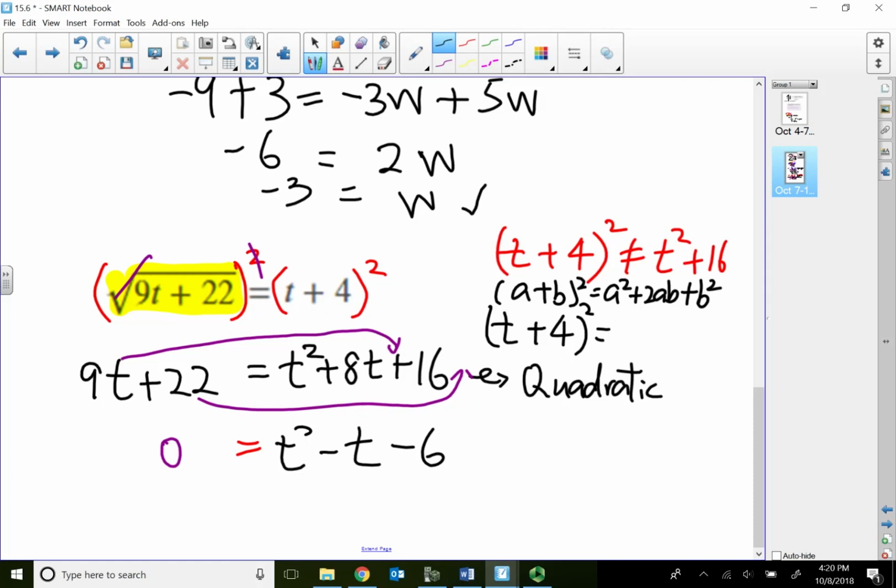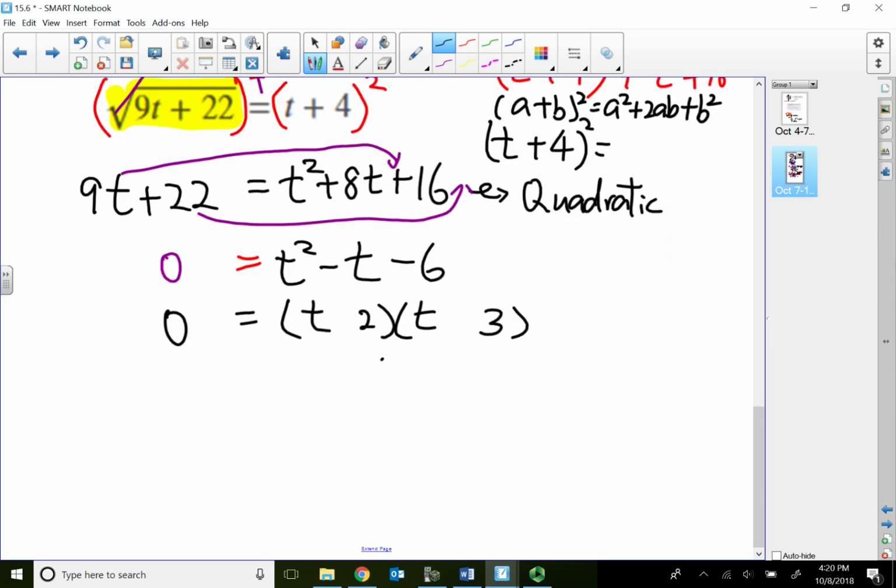All right, so let's factor this. For t squared, I can use t and t. For 6, I'm going to use 2 and 3, because if I use 1 and 6, the difference will be 5, not 1. So now my outer is 3, my inner is 2.